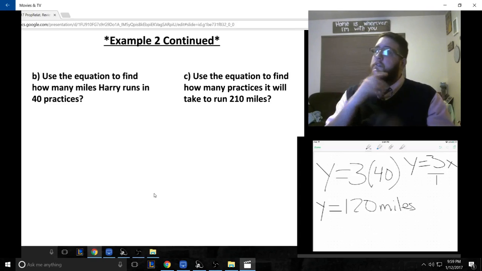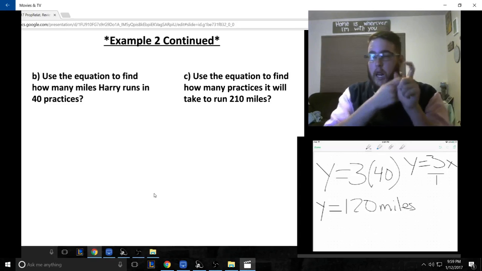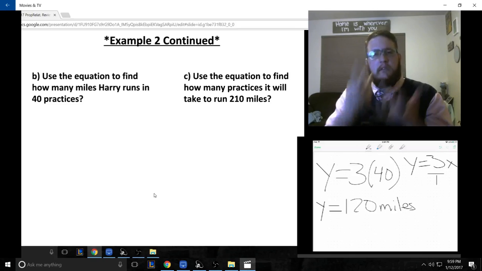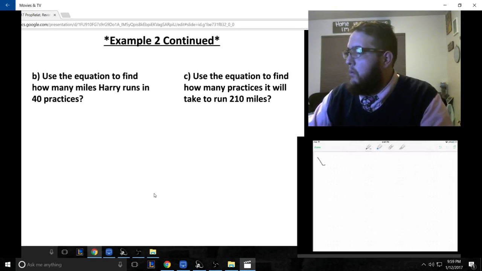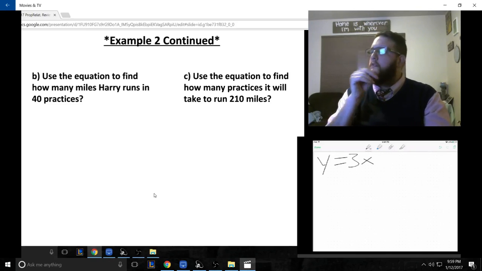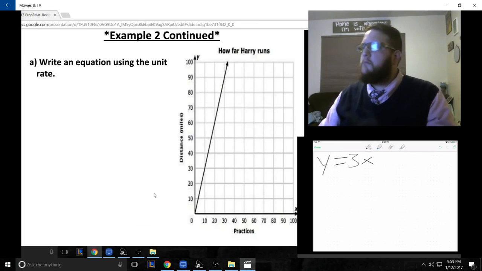C says, use the equation to find how many practices it will take to run 210 miles. So before, the question offered us 40 practices, but now it's talking about miles.